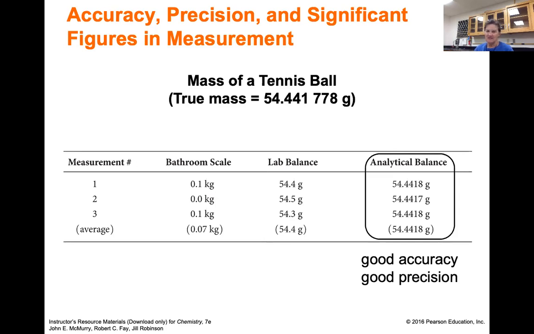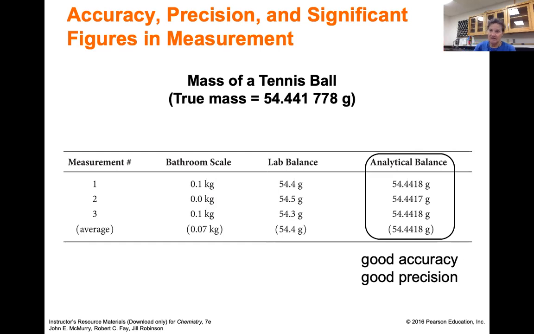So a bathroom scale isn't giving you a number too close to the true number, and the numbers are very different from each other. You're getting an answer that's very close to the right answer, but there's variance in the numbers you measure.